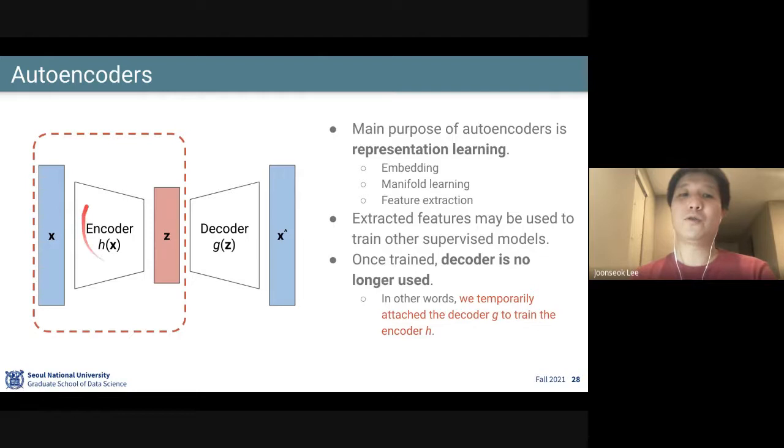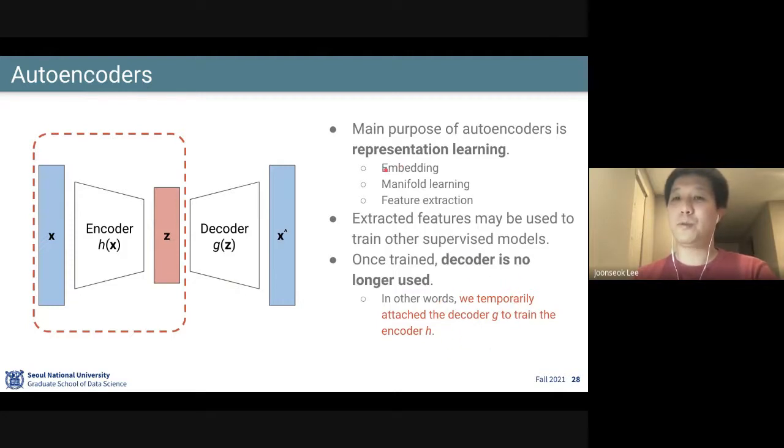So they need to figure out what's the general pattern shown in the images, not something specific to each image. So they learn this encoder, and then given a new image, we can use this encoder as a feature extractor. This one is widely used for that purpose.